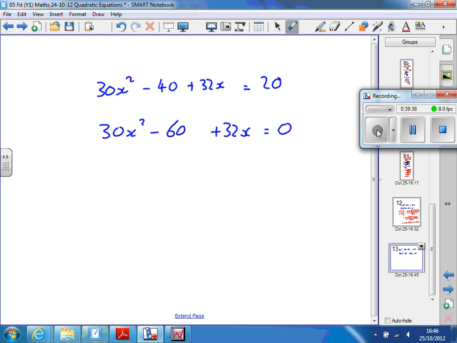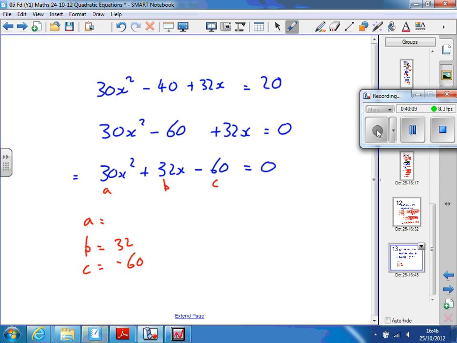It's always a good idea to write it like that so you don't make mistakes. So this is A, this is B, and this is C. Put the values in, not forgetting this is negative 60, and calculate them for me.